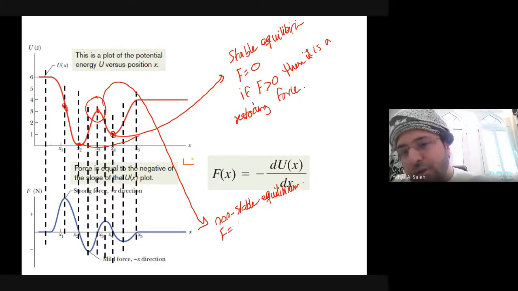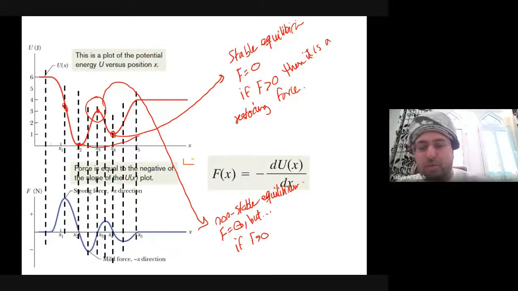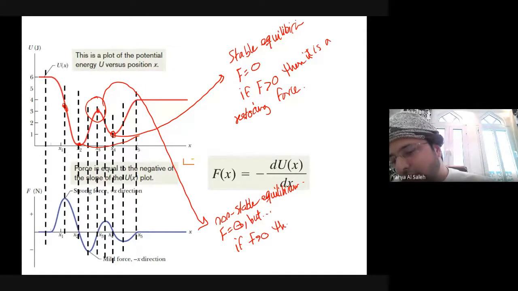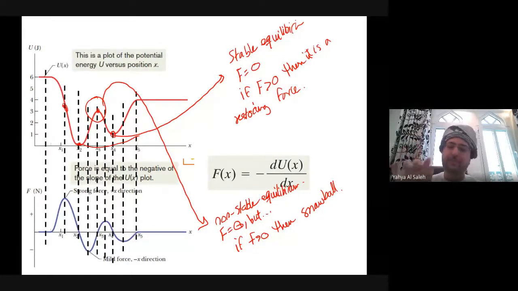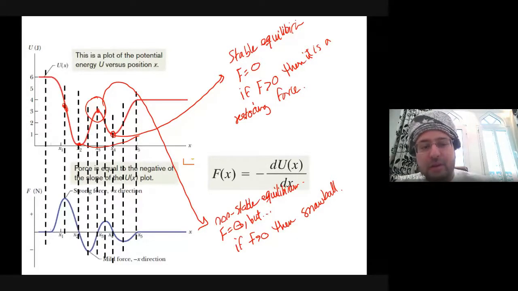F is also equal to 0 here, but if F is a little bit more than 0, then what I call the snowball effect. You see in movies where we have this tiny snowball which moves at the beginning of the mountain, and as it rolls down the mountain it becomes bigger and bigger and bigger. This is what happens here. If you give it a tiny, tiny force, it's going to get bigger and bigger and fall down.